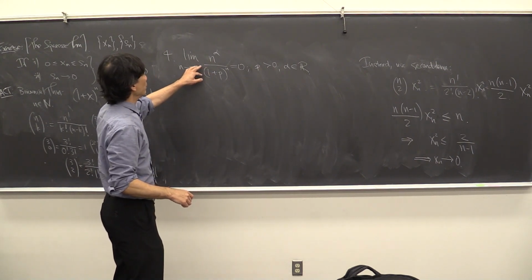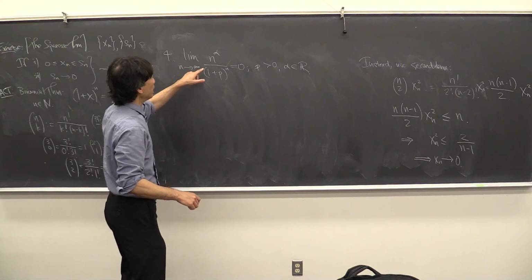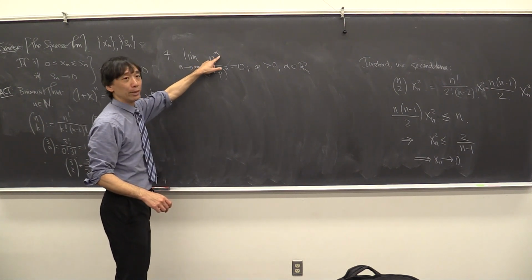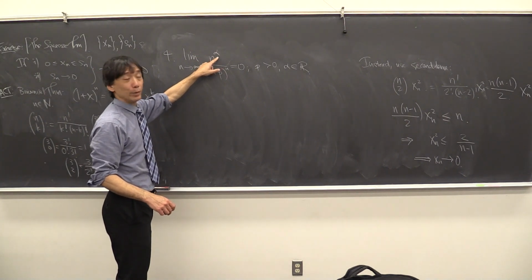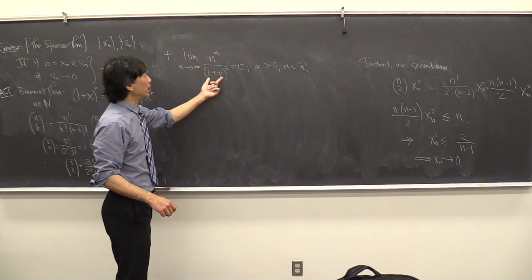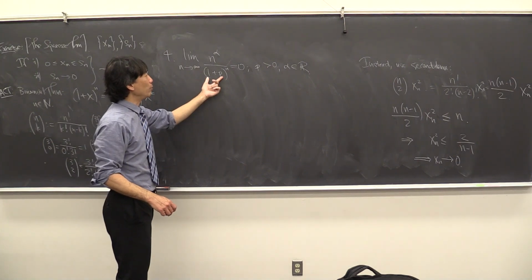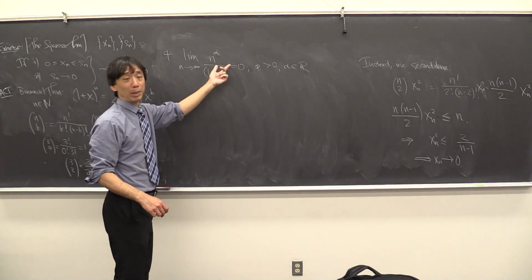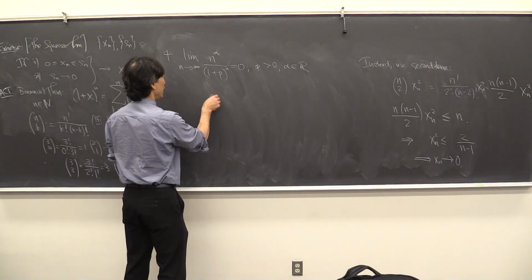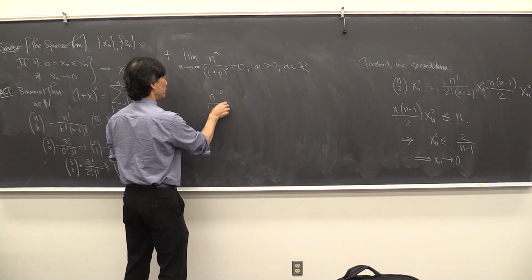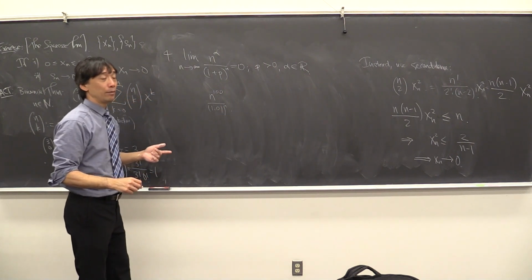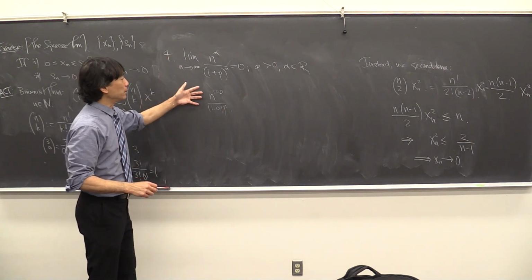So what this is saying, look at it, you've got n to some power on the top, like n to the billionth power, and you've got some number bigger than 1 on the bottom to the nth power. So you've got n to the 100, say, and you've got 1.01 to the n on the bottom, right?